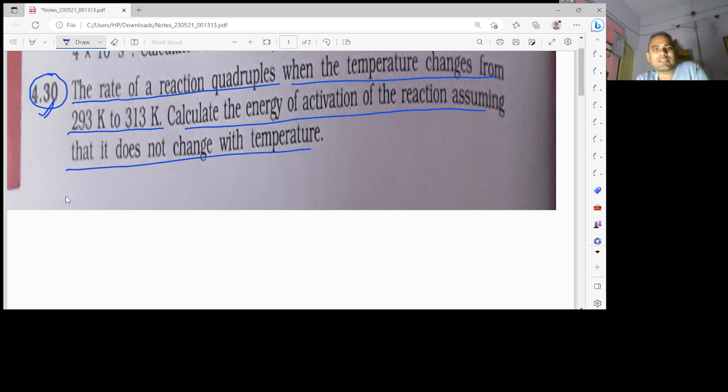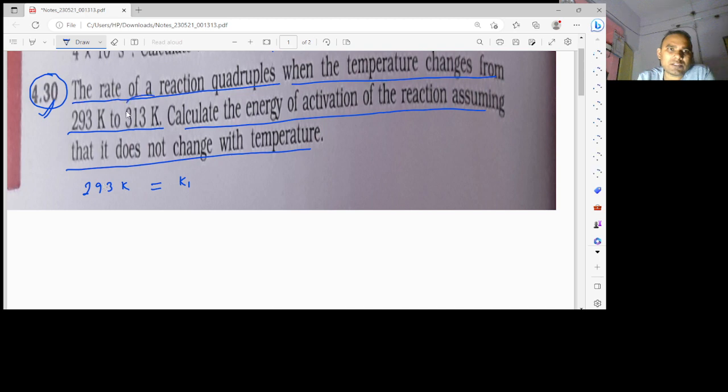Dear students, this is based on the Arrhenius equation. According to the Arrhenius equation, as temperature increases, the rate constant also increases. Suppose at 293 Kelvin the rate constant is K1.